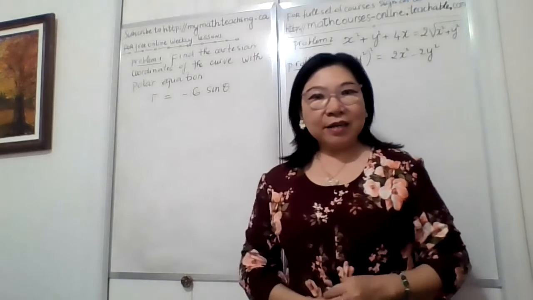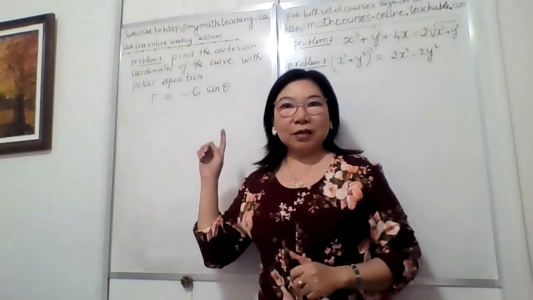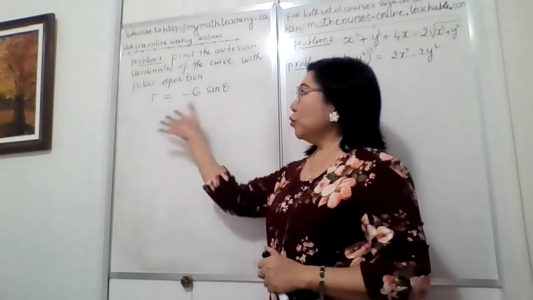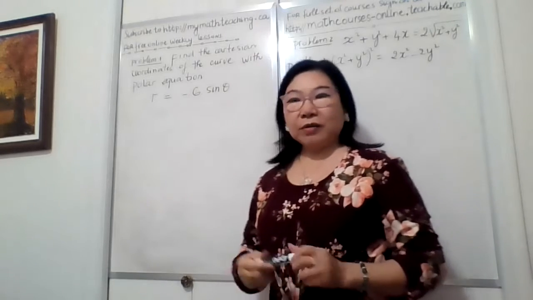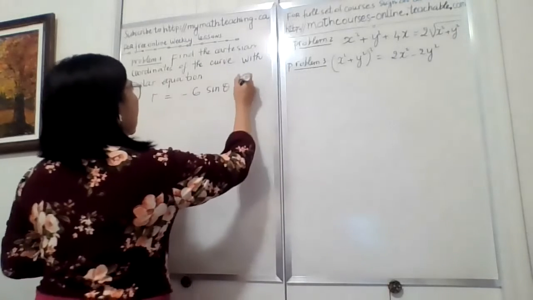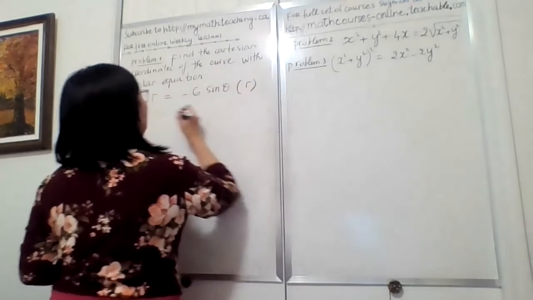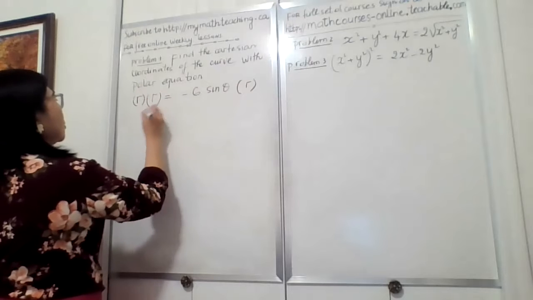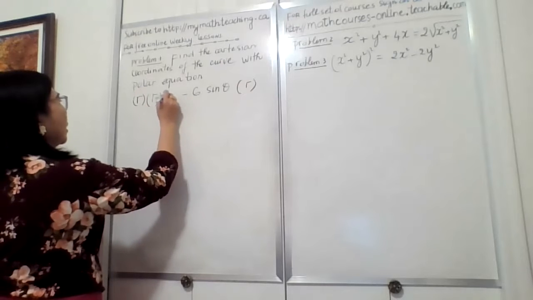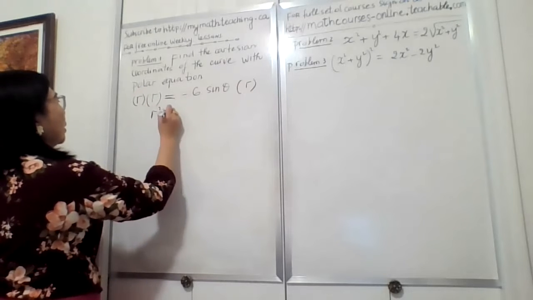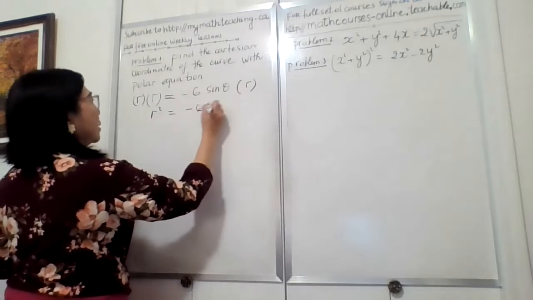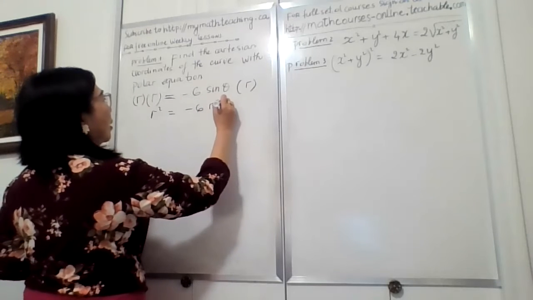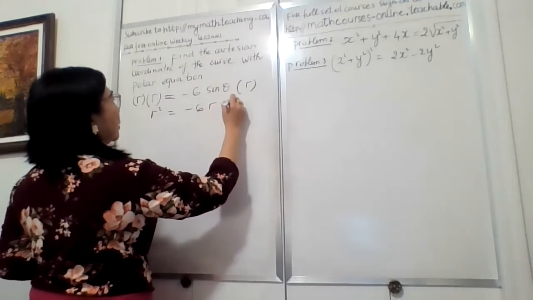So the hint here is I'm going to multiply both sides by another r. So here on the left side, I will have r squared equal -6 r sine theta.